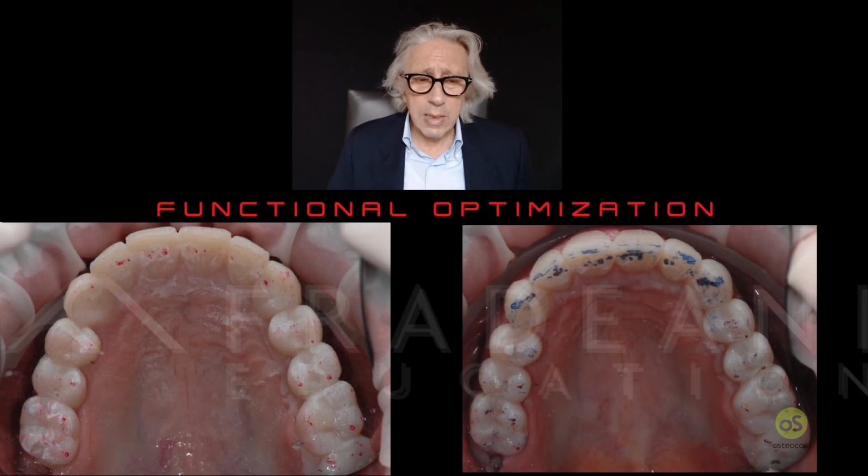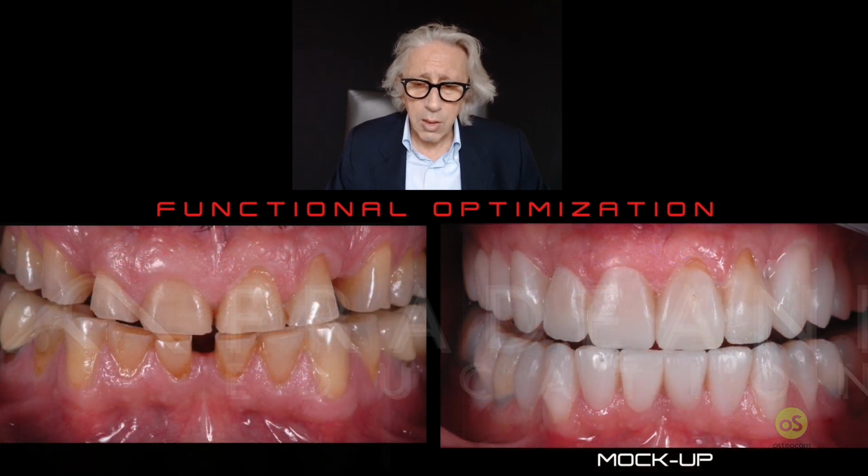So now we start to functionalize the occlusion perfectly. You can see here, we have checked the occlusion very well on the static and dynamic actions. It means in CR position with the red sign, very marked and regular marked signs on occlusion, and the anterior guidance. It means cuspid and incisor guidance. So that is the mock-up in place.